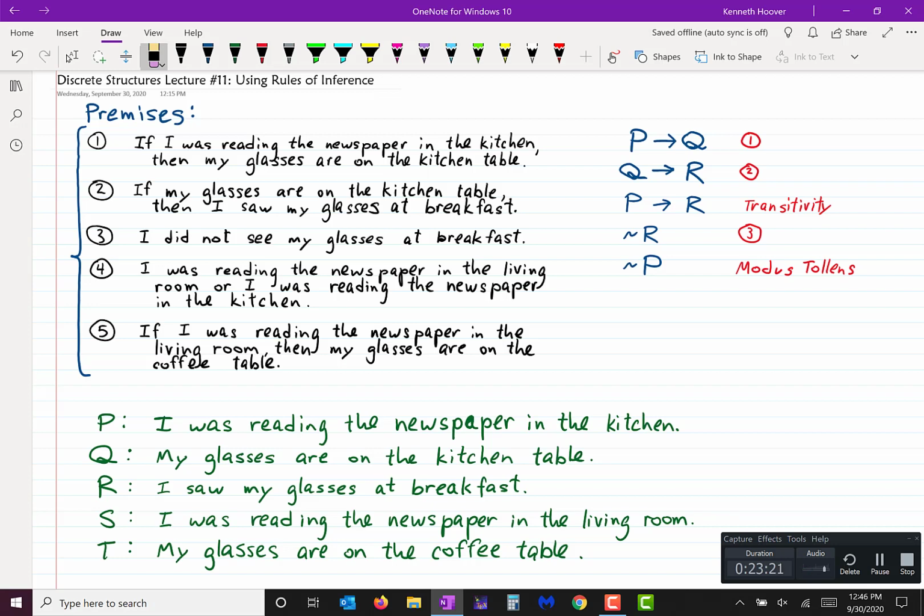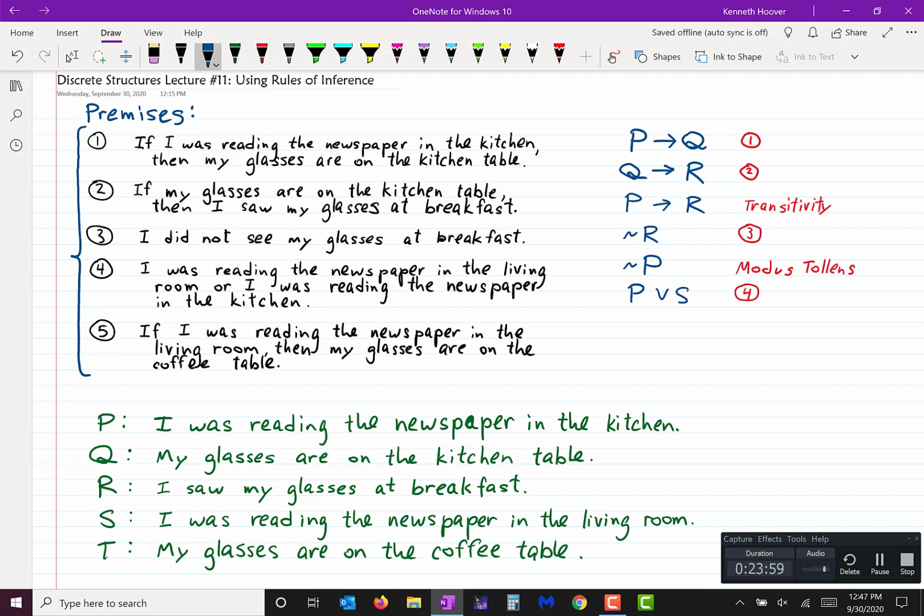So, that's S or P, right? S or P. What is my reasoning for that? Premise number 4. Now remember, that's called a disjunction of S and P, and remember that disjunctions are commutative, which means if you prefer, you can write P or S. It really is up to you.